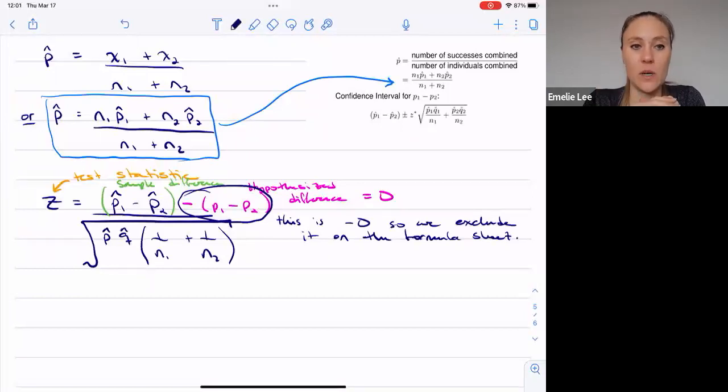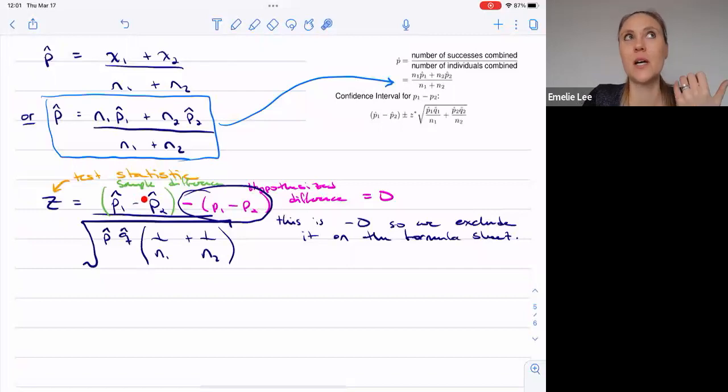But technically what you're doing is you're taking, okay, I saw this difference. I saw a difference of 0.2. How different is 0.2 from 0 if I take into account the spread? So I like to think of it as a difference of 0.2 centimeters maybe in the length of a dog, right?